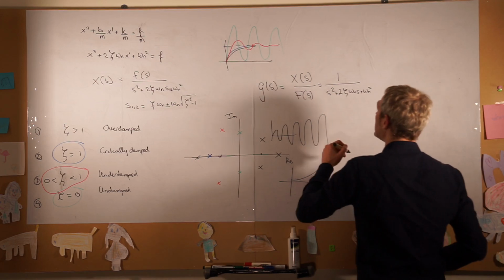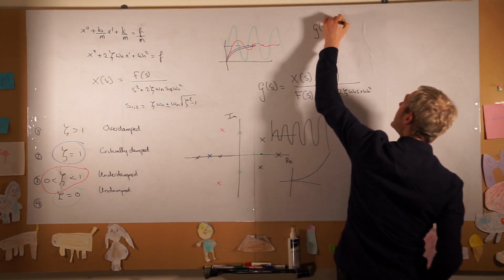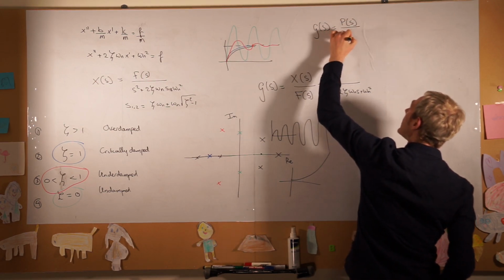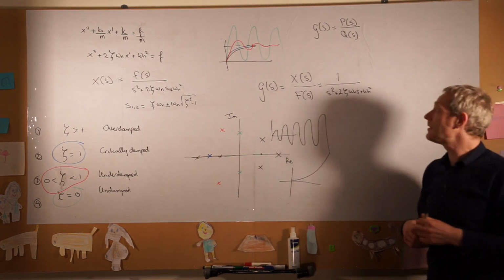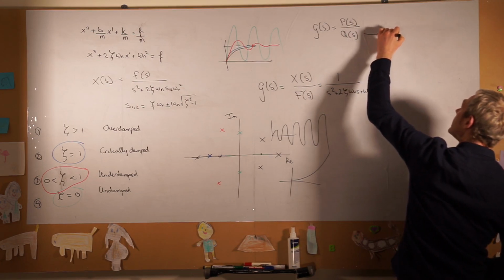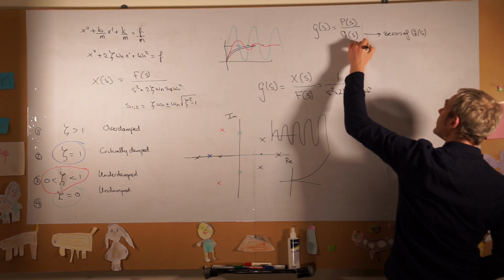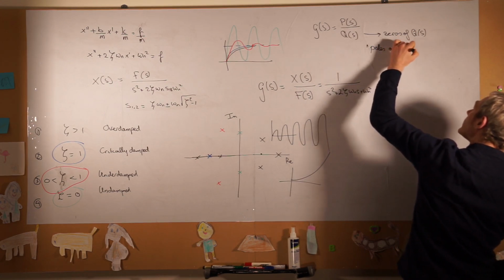So if we can write our G(s) as some polynomial in the numerator and some polynomial in the denominator, stability only depends on the zeros of Q(s), which are called the poles of our transfer function.